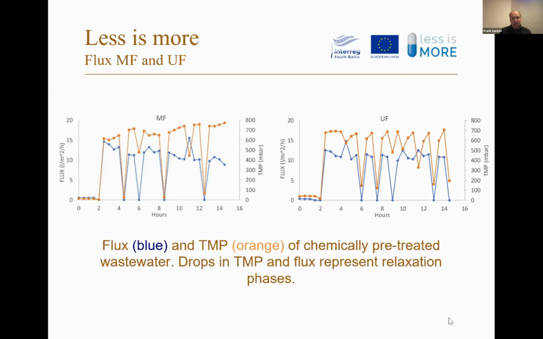It was relaxation, so we basically stopped the membrane process for some time to relax the membranes and therefore reduce the fouling on top of the membranes. And you can see that this was quite an efficient way to do it, in the fact that after each relaxation, the membrane flux went up again.